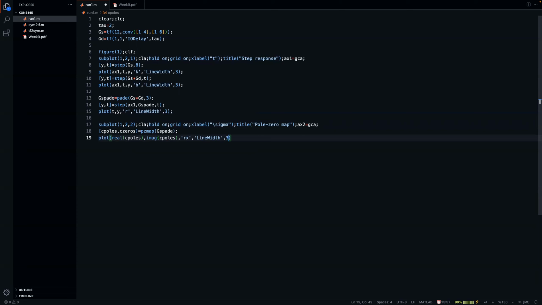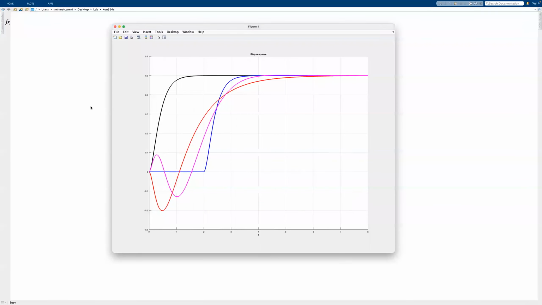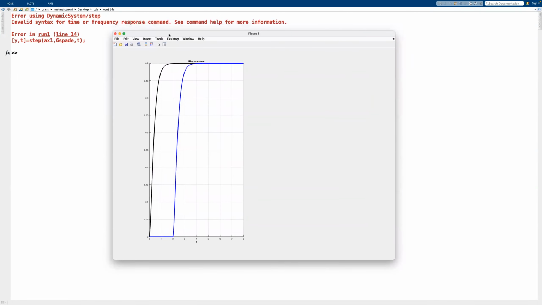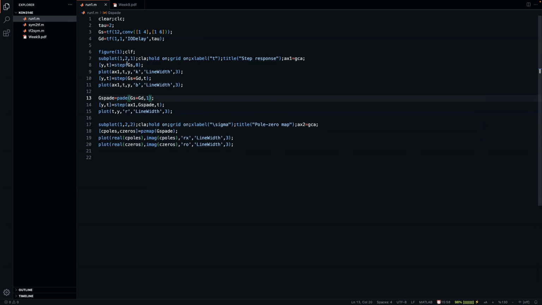And then also the zeros. There we go. Now let's look actually at the first order approximation back again. We should add this to this one here.